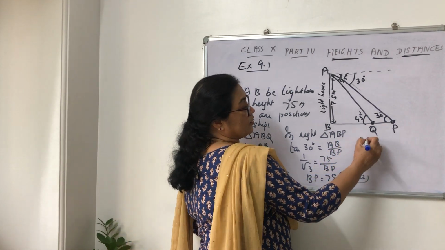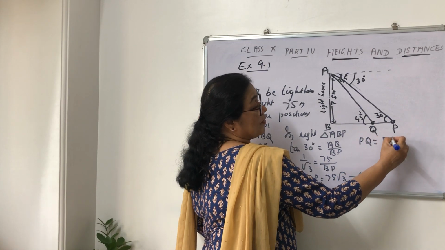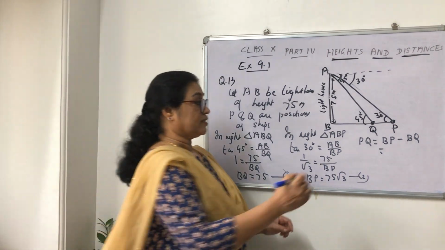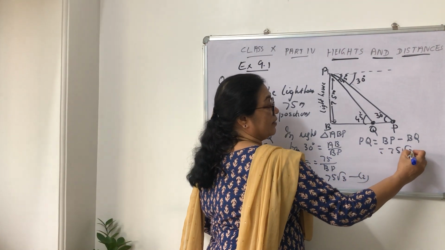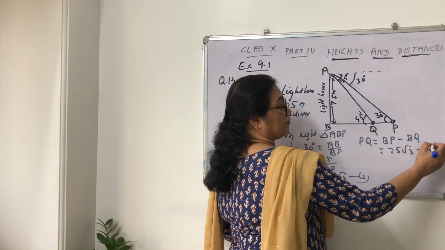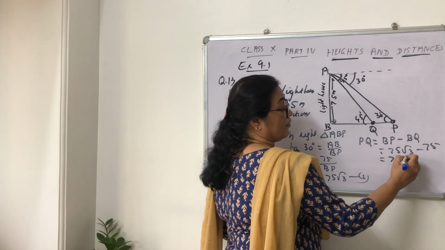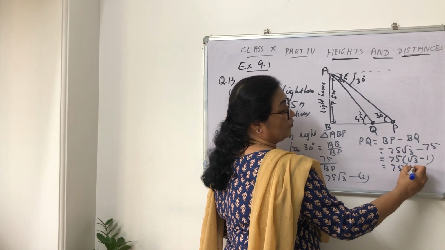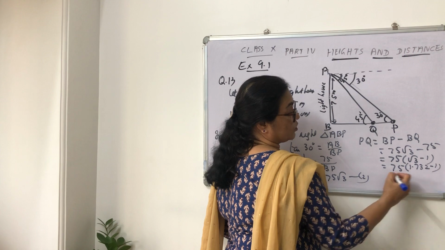Then PQ is equal to BP minus BQ. BP is 75 root 3, BQ is 75. So it is 75 into root 3 minus 1. That is 75 into 1.732 minus 1.